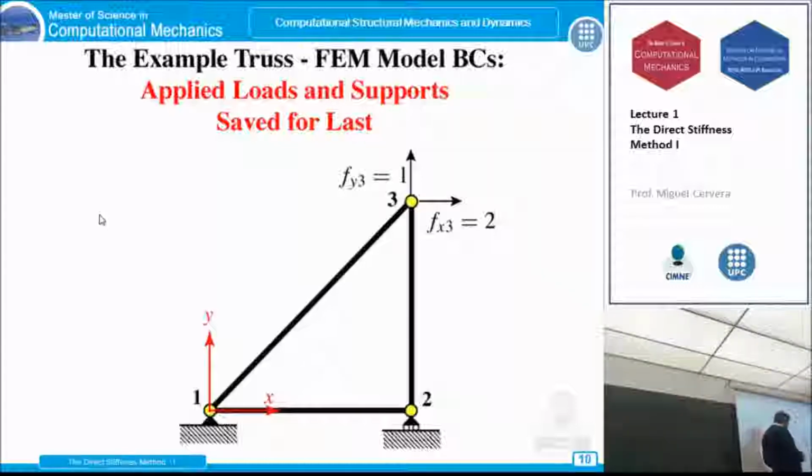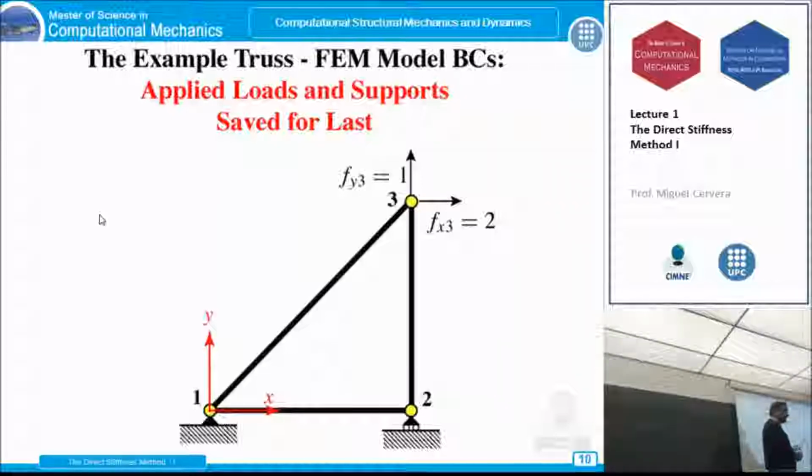Second, find the corresponding reactions here and here. And third, give me the axial forces in the bars. Okay? Will you be satisfied with solving the problem this way? Good.